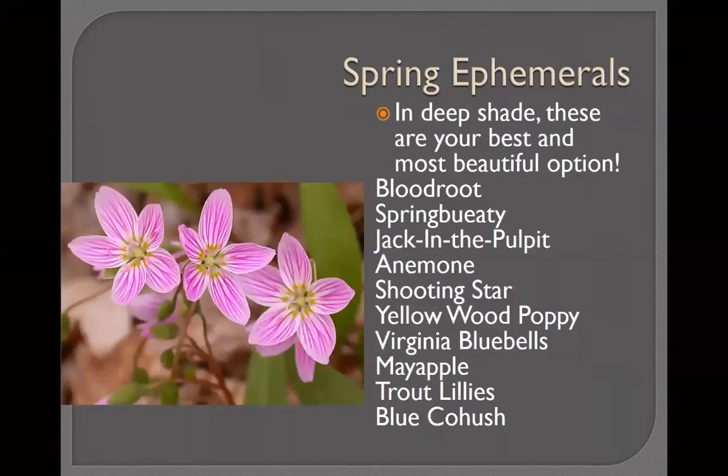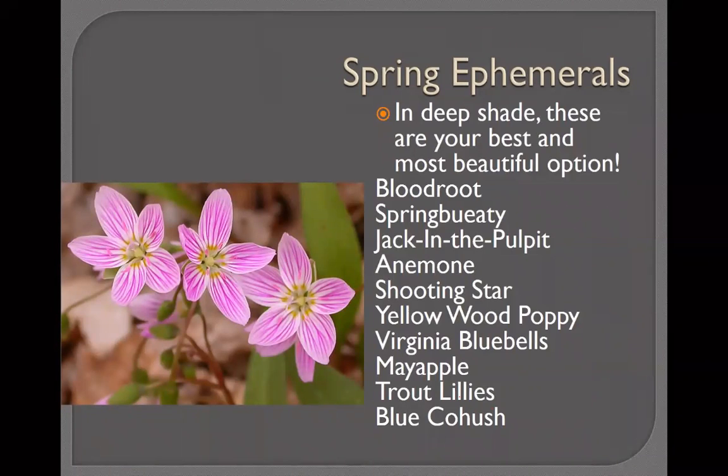So in order for some of these to begin to proliferate and spread, you're going to have to add moisture from time to time. Moisture is the limiting factor to a lot of the shade gardening that we try to do here in south central Kansas.